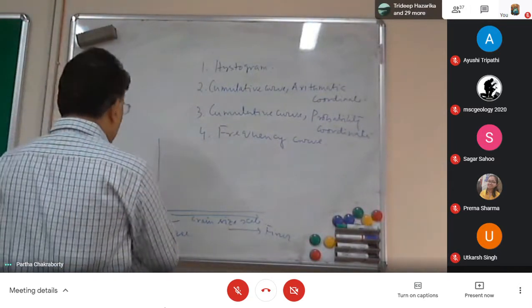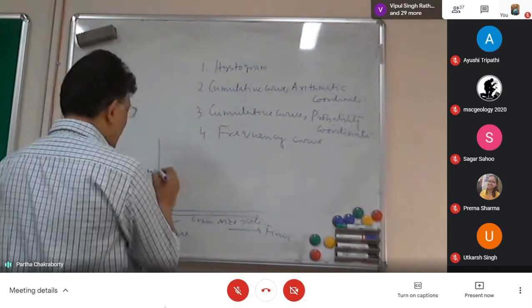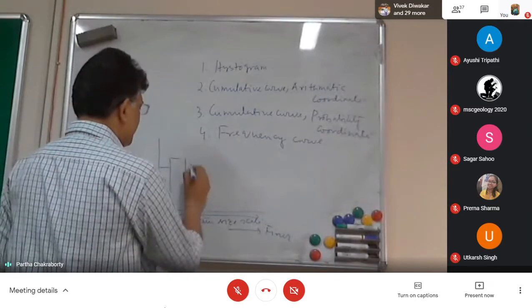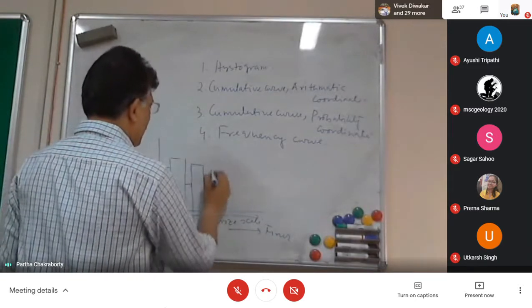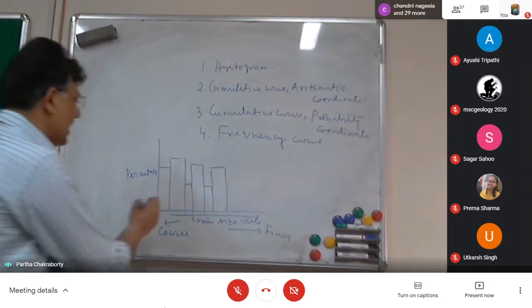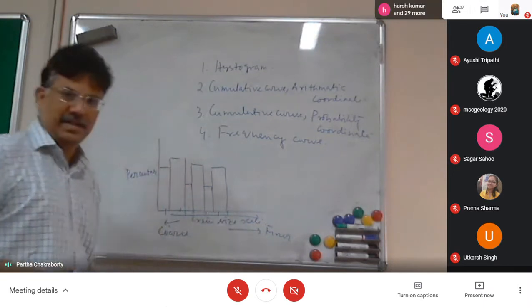And the percentage. So you get the bars. You get the bars. This is a histogram. The different size grains, how they are represented.